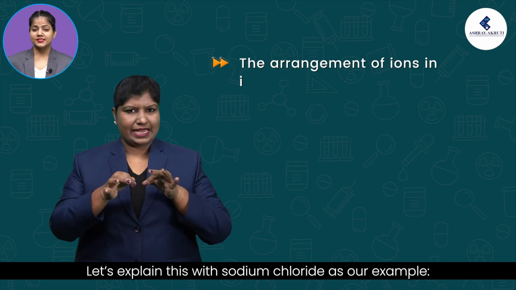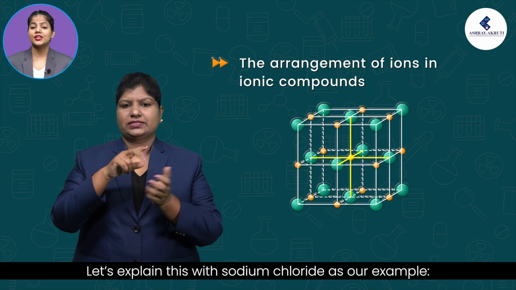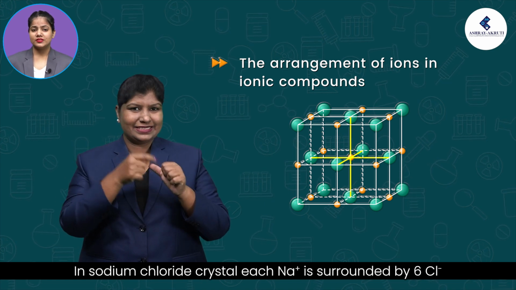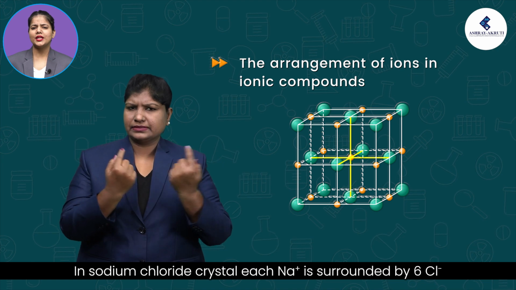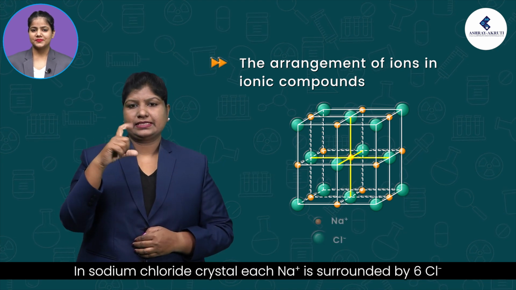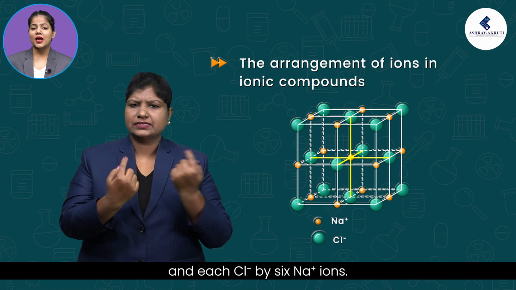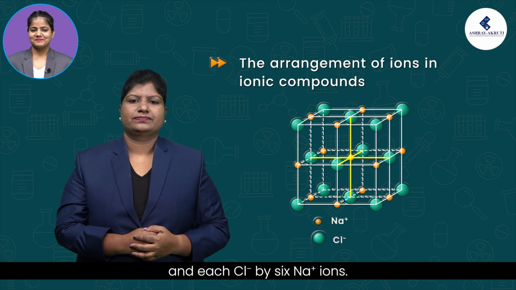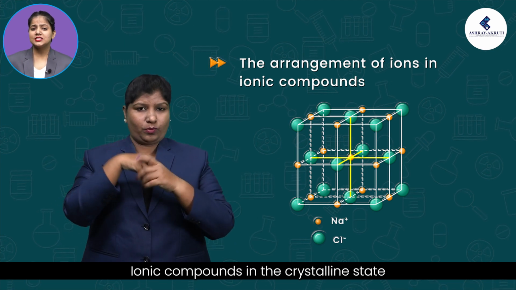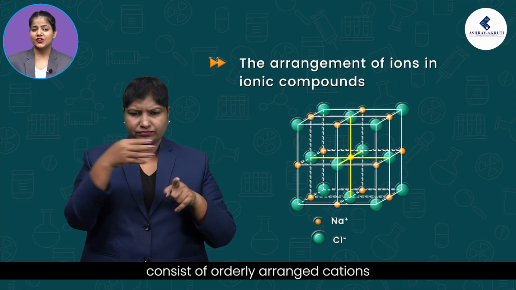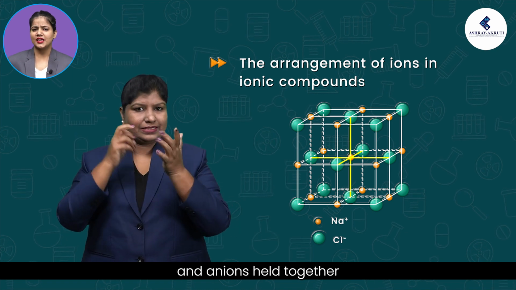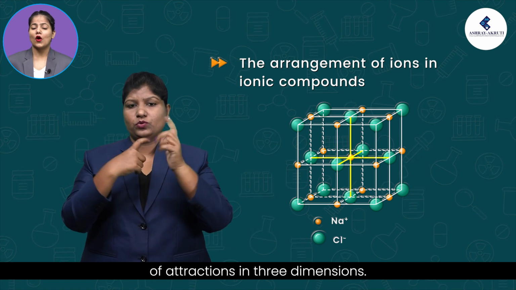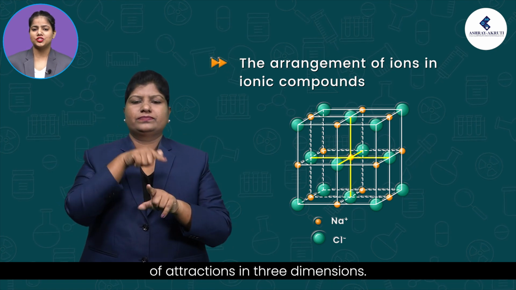Let us explain this with sodium chloride as our example. In a sodium chloride crystal, each Na+ is surrounded by 6 Cl- and each Cl- by 6 Na+ ions. Ionic compounds in the crystalline state consist of orderly arranged cations and anions held together by electrostatic forces of attraction in 3 dimensions.